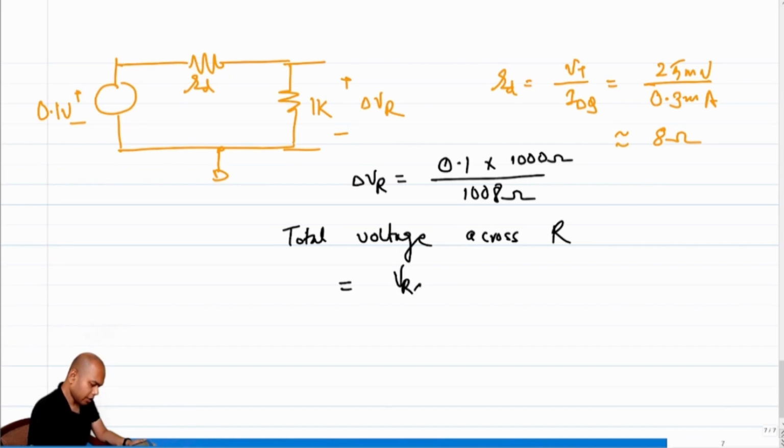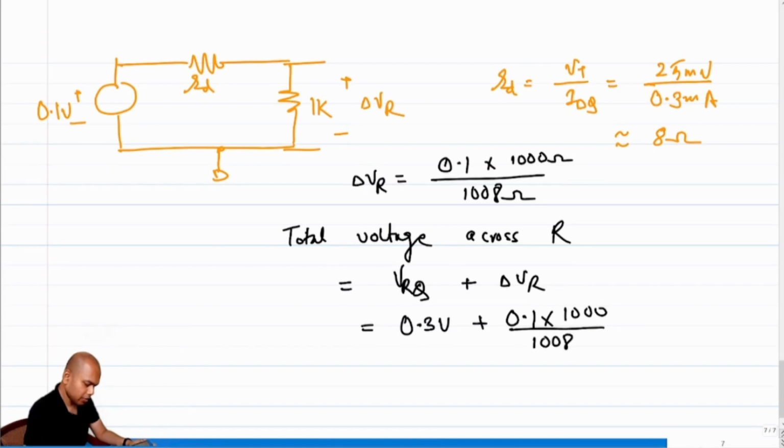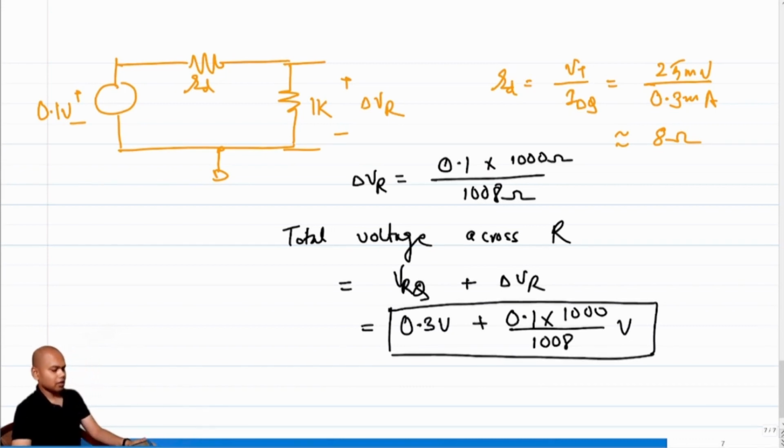So VRQ, that is the quiescent, plus delta VR. What was VRQ? It was 0.3 volt. And what is delta VR? This is 0.1 times 1000 by 1008, right? So this will be your total voltage across the resistor. Similarly, you can also find the total current through this loop.